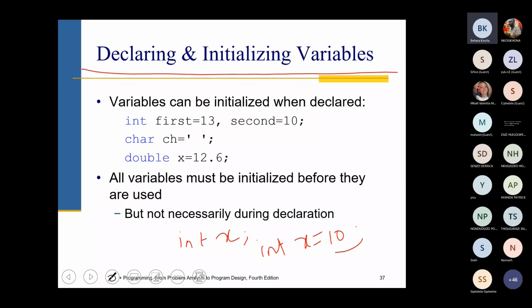Then you declare that particular variable which I asked you to declare. Then I can say initialize the variable, and you will initialize the variable with so and so values. So that is the difference between declare only and declare and initialize. Am I clear, guys?